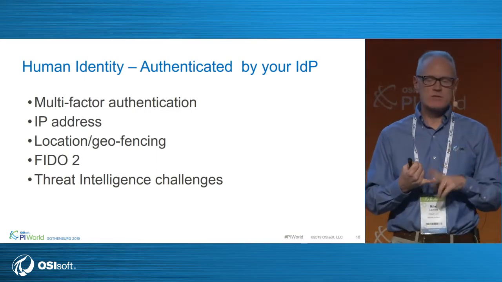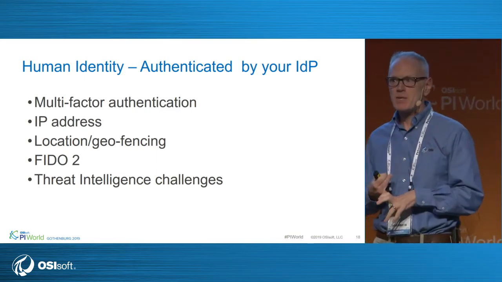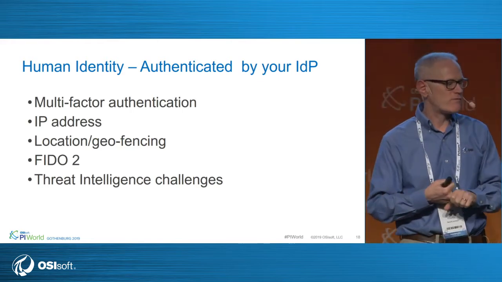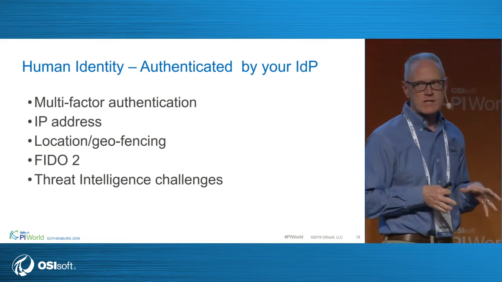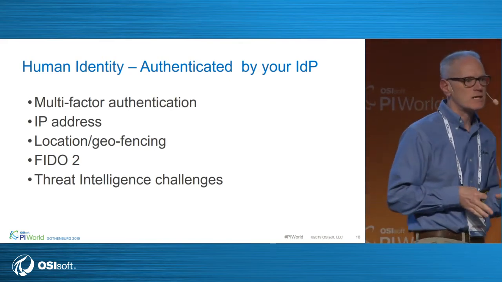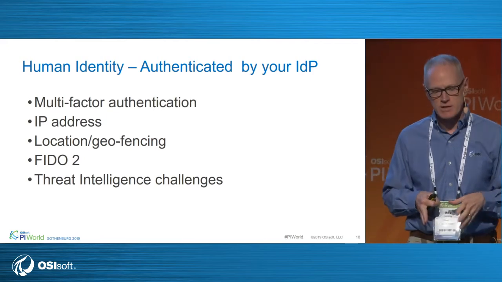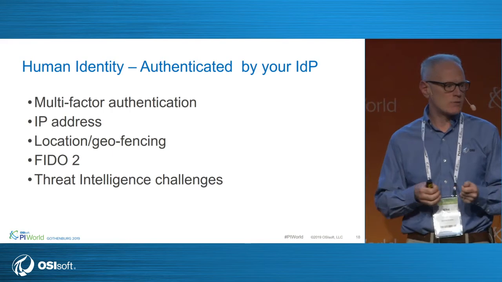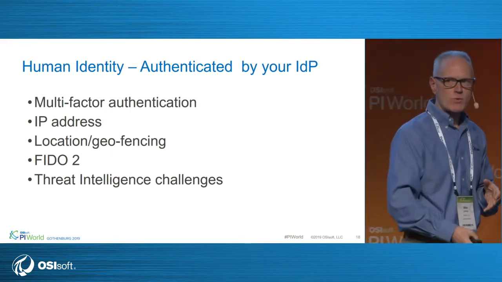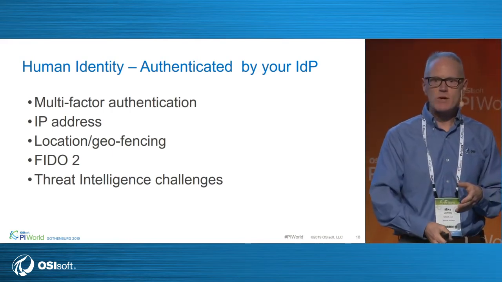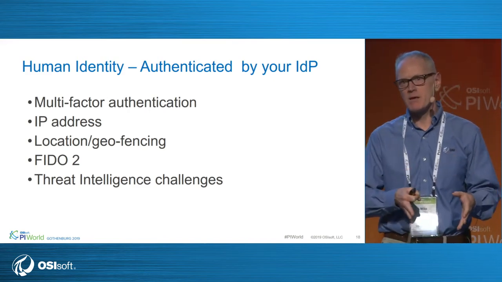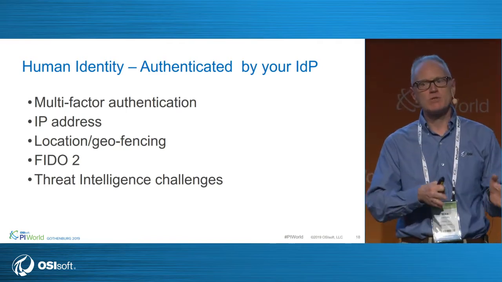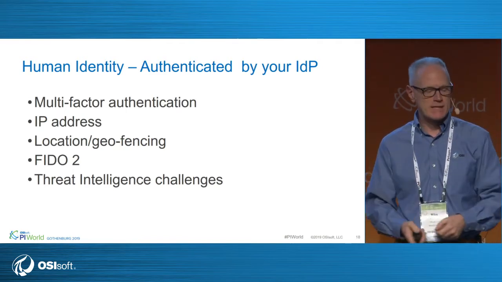That includes multi-factor authentication, IP address blocking or restrictions, geolocation and geofencing capabilities, FIDO2, which I think is going to be really interesting in the next several years as it gets us to passwordless authentication for people, and threat intelligence challenges and responses. All of that we were able to deliver to you, not by implementing them, but by focusing on federation processes where we are able to integrate appropriately with your identity provider.